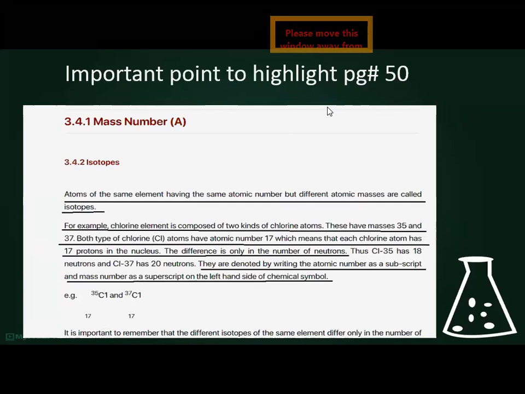Atoms of the same element having the same atomic number but different atomic masses are called isotopes. This whole para should be marked. If you have done it, please let me know so that I will change the slide. Okay, done. Good.